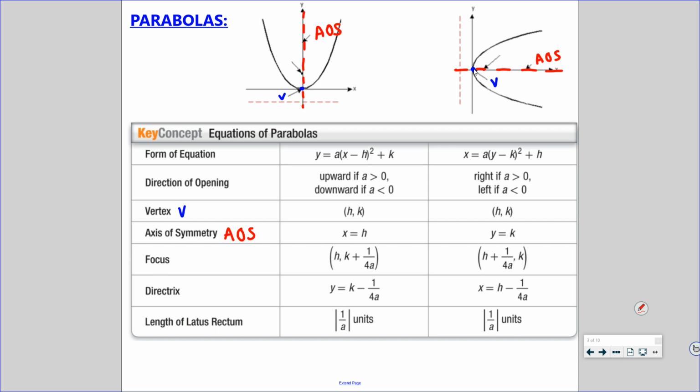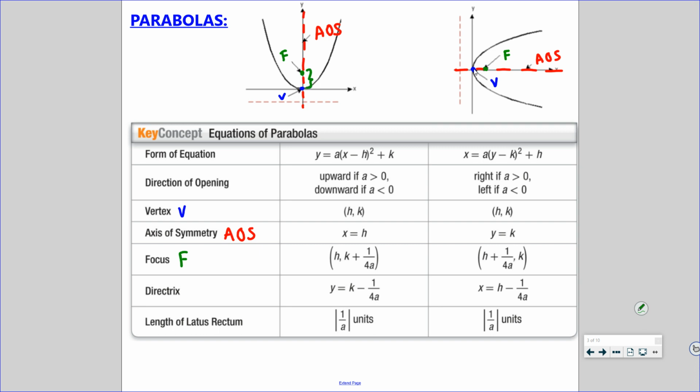What was new for us was the focus and the directrix. So the focus is still located inside my parabola. Now, does anyone remember how many units away from the vertex the focus is for parabolas? It's 1/4a. Nice job, 1/4a. How did you know that? It says it on there.